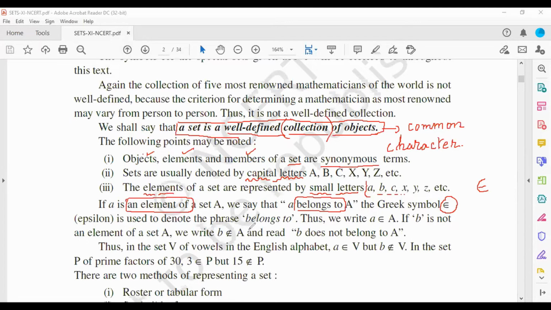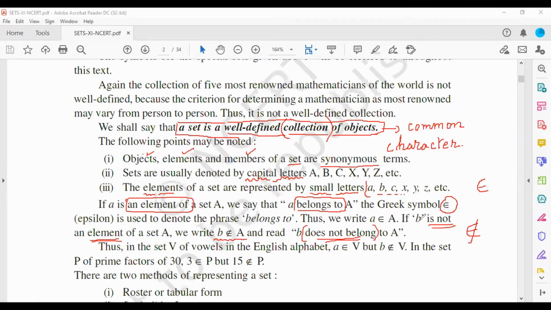And the opposite also. What is the opposite? Not an element of, does not belong to. That is denoted by the same symbol with a cross mark, as given here. So how do you read it?